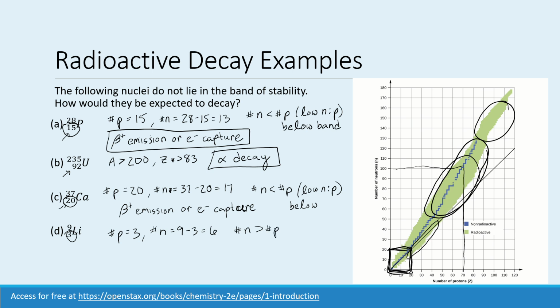For a small nuclei like this, that is a high neutron to proton ratio, and so you are definitely above the band of stability. When we're above the band of stability and looking at a small nuclei, that is beta decay. Remember, you're releasing an electron there.